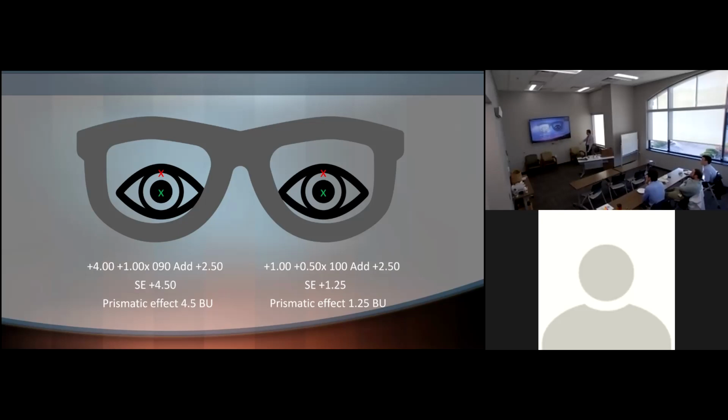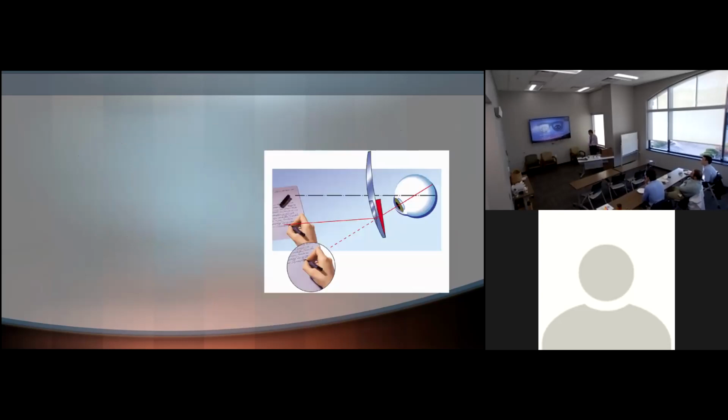So the difference between the two is 3.25 base up prism favoring the right eye because it has more prismatic effect. So the patient is as if looking through base up prism. Double vision. Clear? Okay. So how can we fix that?